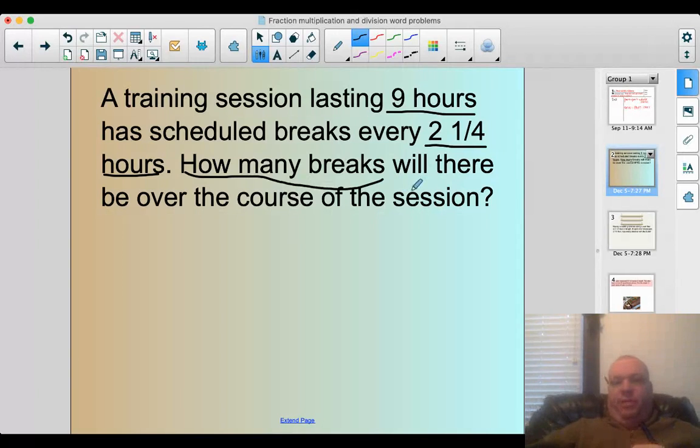Okay, so you want to think which of these two would multiply to the other one. Okay, so we have the number of hours, how big each section is basically, and how many breaks or how many sections there will be. Okay, so pause the video, decide if this is multiplication or division, and then move on.